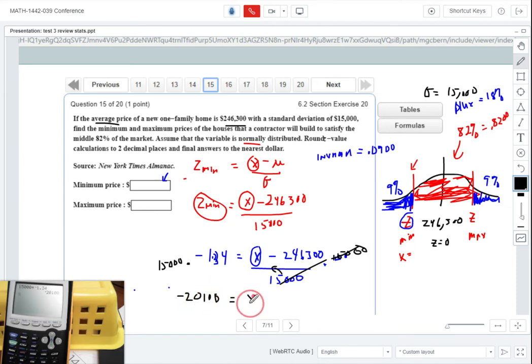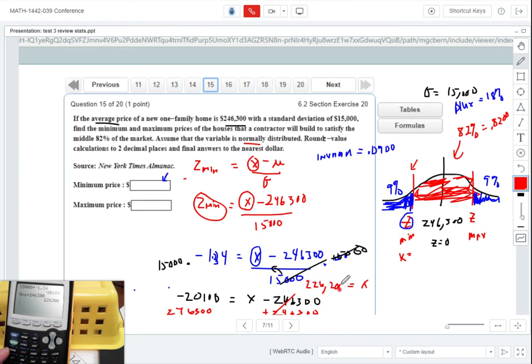2,100 equals x minus 24,630. So now I'm going to add that 24,630, add that 24,630, and x equals 24,630 plus, and the x value equals 226,200.